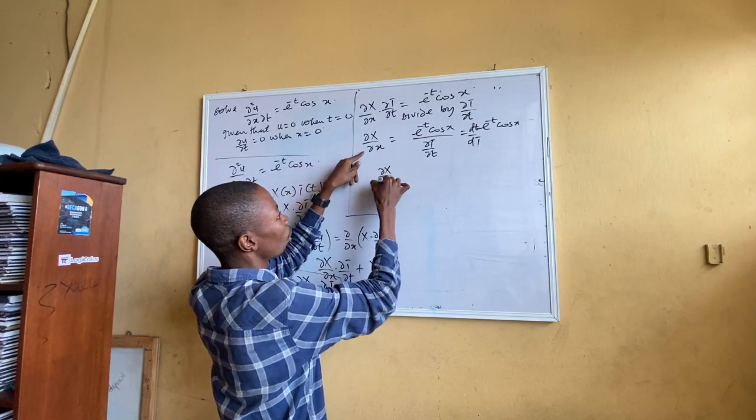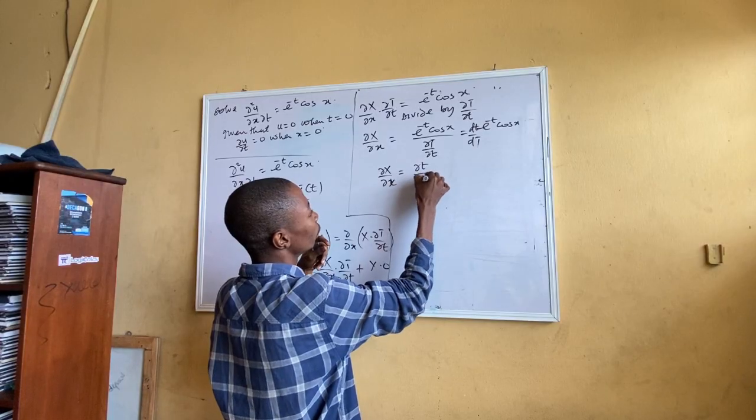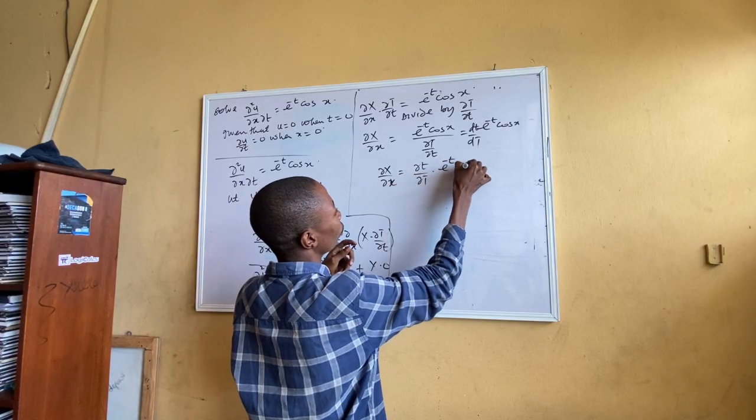So the big X double prime, the small x, is equal to the small t, the big T, exponential minus t cos x, right?